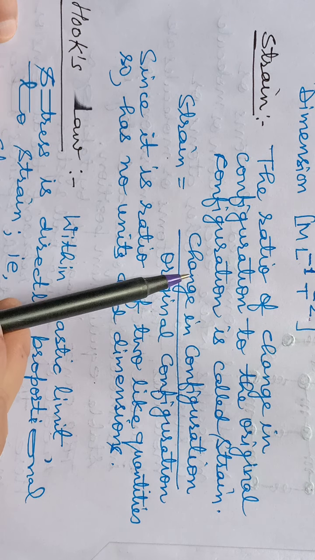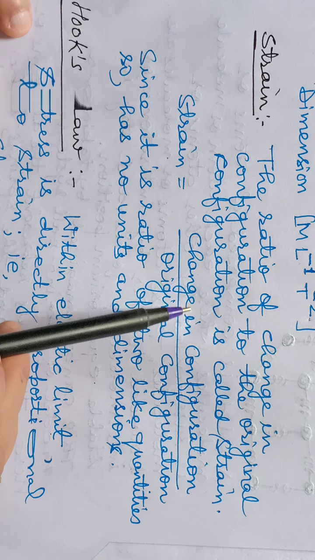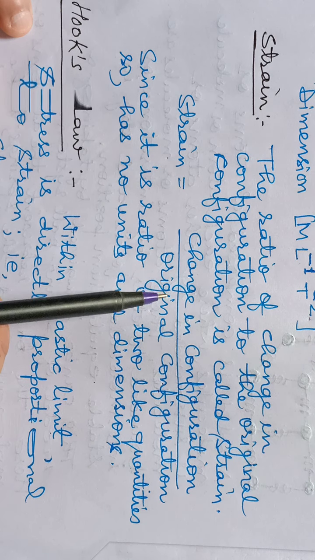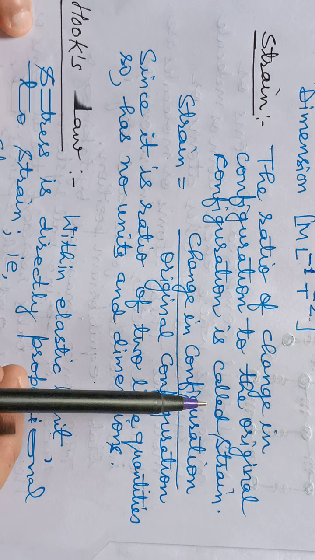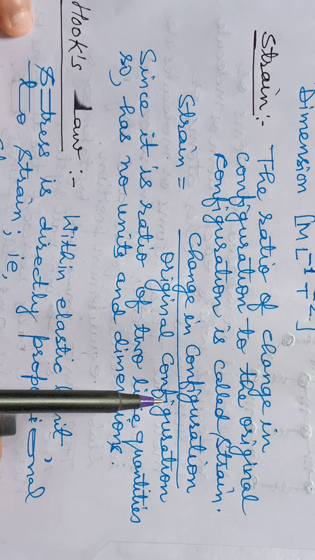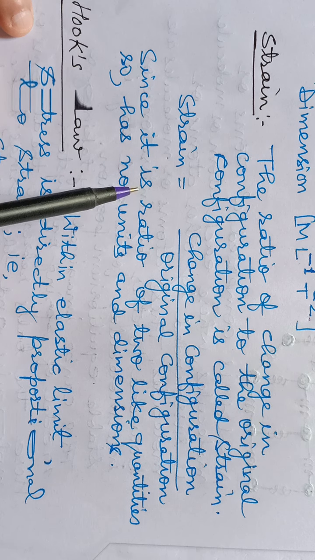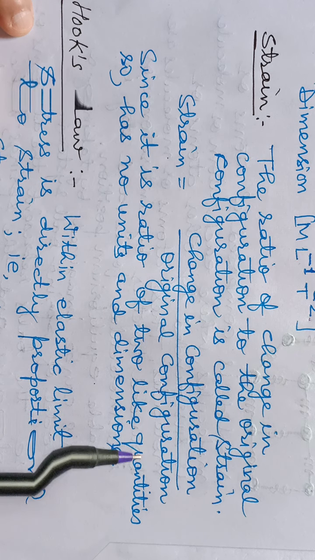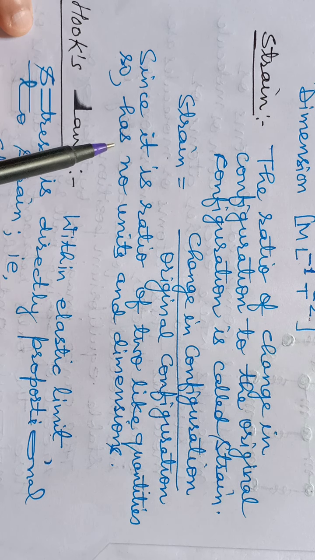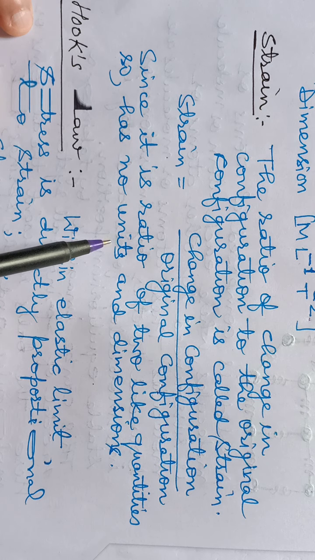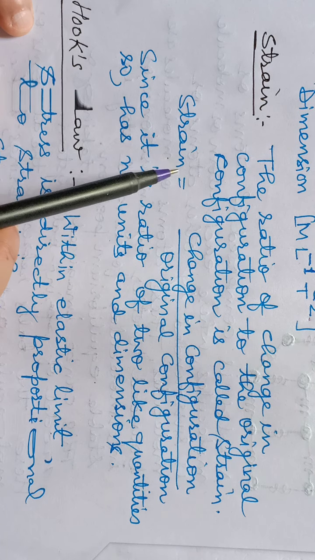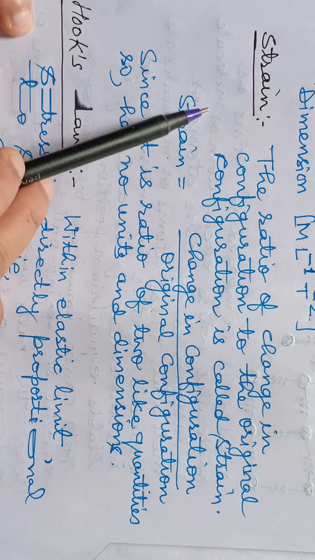If this is an arc, meaning some deformation in the form of angle, then this will be radius. So the same configuration is in the numerator and denominator. Since it is the ratio of two like quantities, it has no units and dimension. Strain is a unitless and dimensionless quantity.